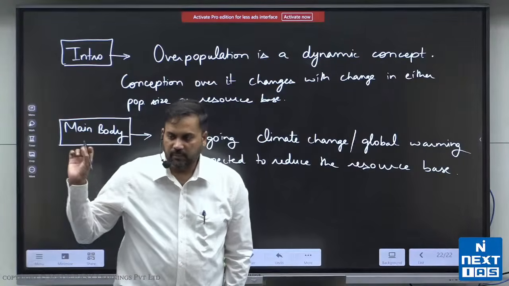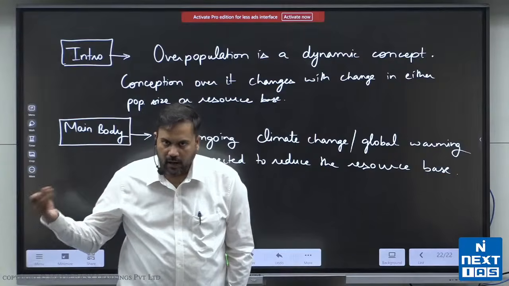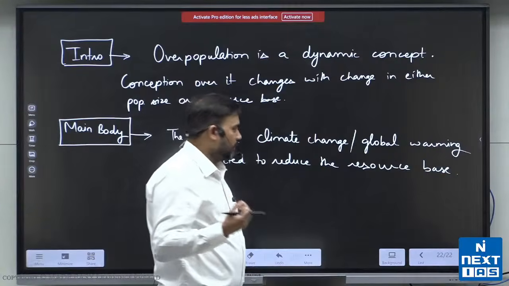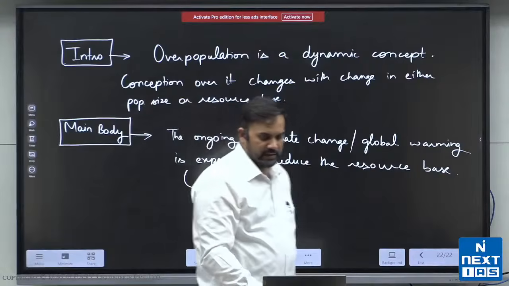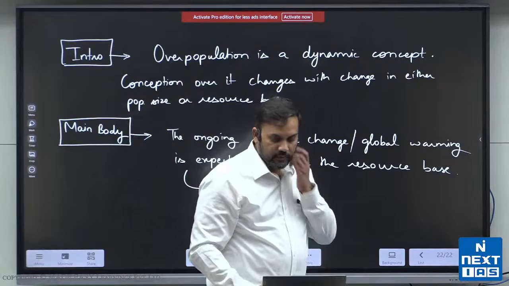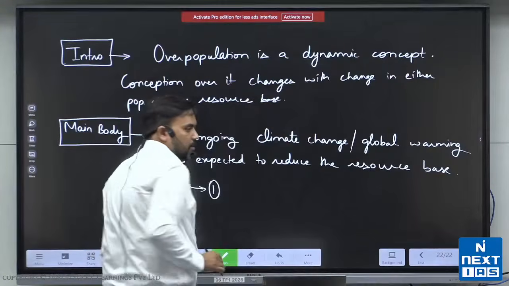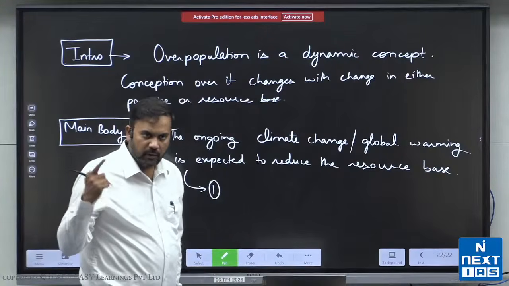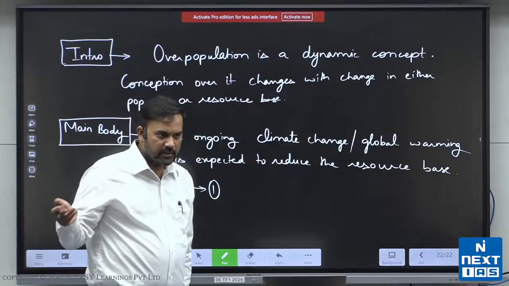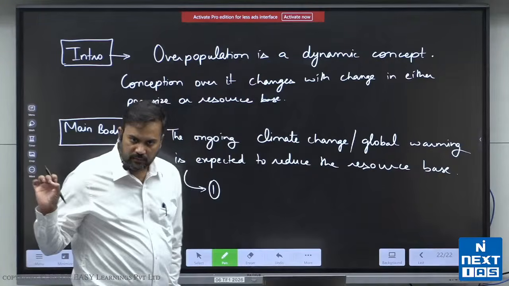अब क्या मैं यहाँ पे बता सकता हूँ कि कैसे एग्जेम्प्लीफाई कर सकता हूँ कि हाउ इट कैन ultimately affect the resource base? So tell me, what are the ways in which it can affect the resource base? Like for example, one, falling agricultural capacity. Global warming, several research has shown that what is happening, NPP is reducing. ठीक है?